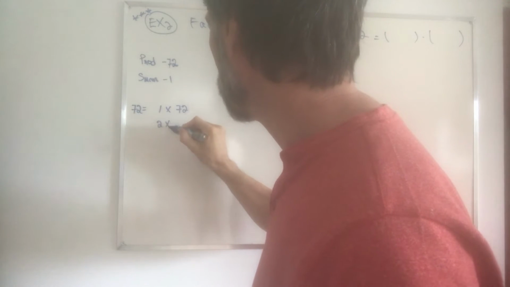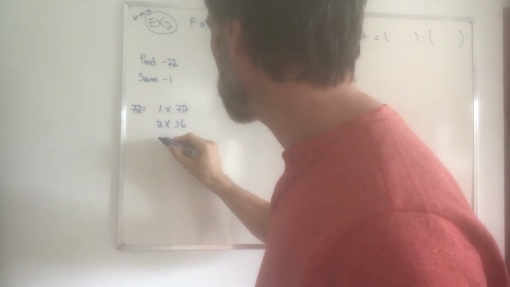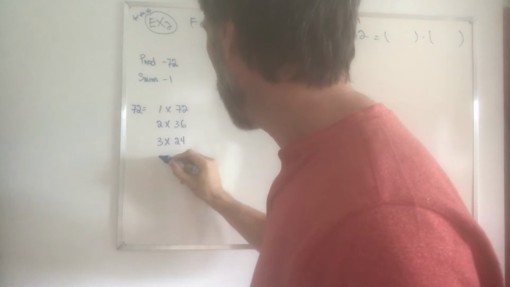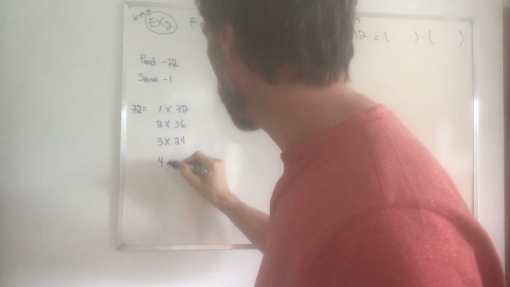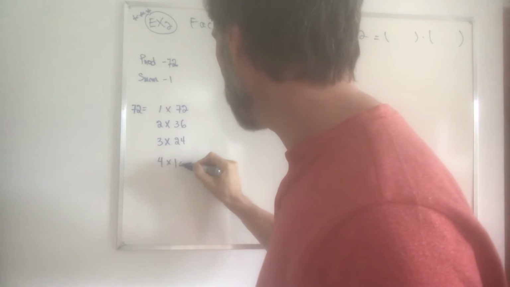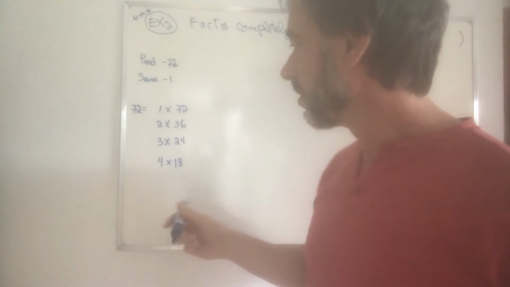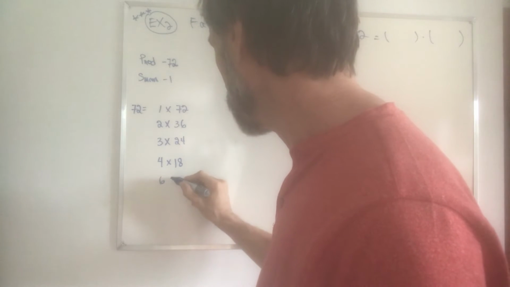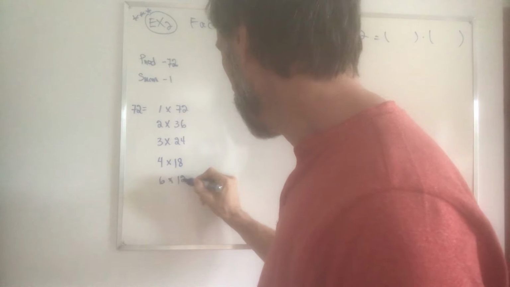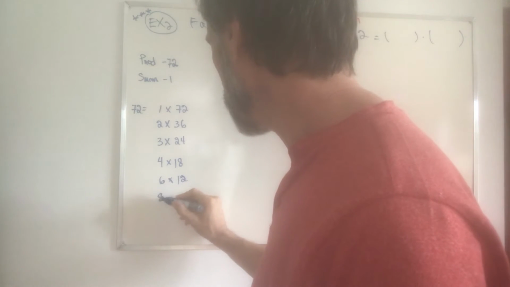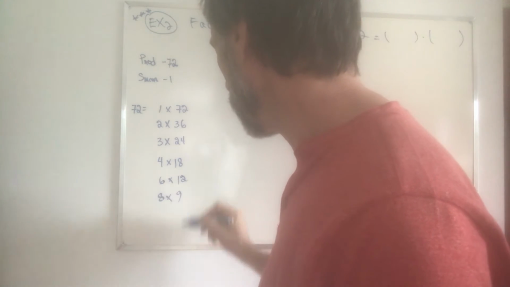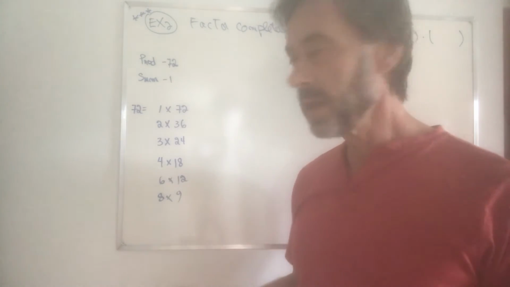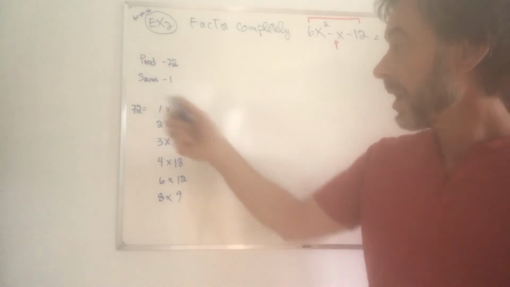And then it's 2 times 36. And then it's 3 times 24. And then it is 4 times 18. 5 doesn't go. It is 6 times 12. And 7 doesn't go, and it's 8 times 9. And after that, we get back to the 12 over here. So this is the list of all the factors of 72.